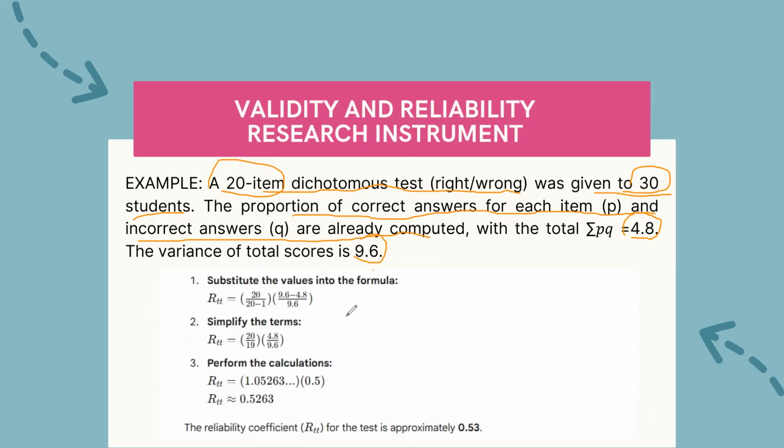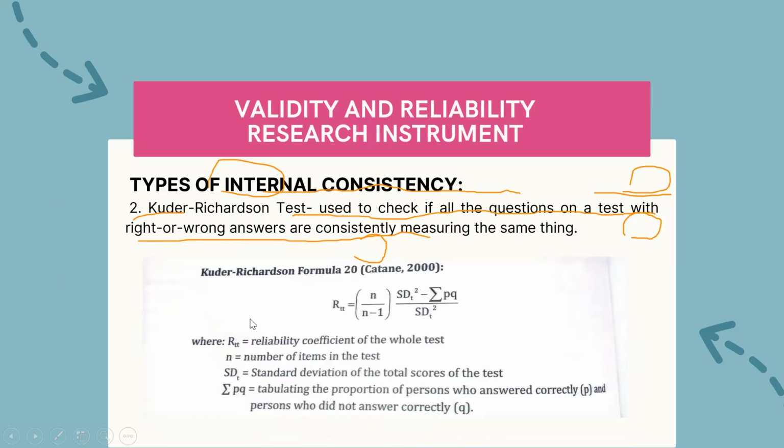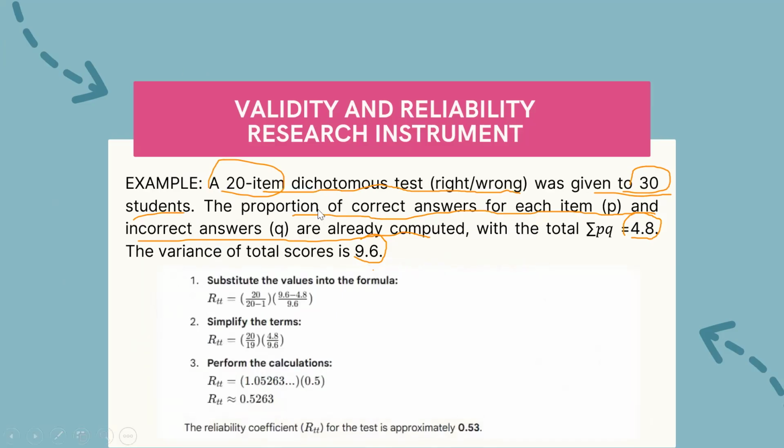So here, we will just immediately substitute. Based on the formula presented a while ago, we have here this legend in which we know that our sample respondents are 30. We have 30, that's why we substitute.